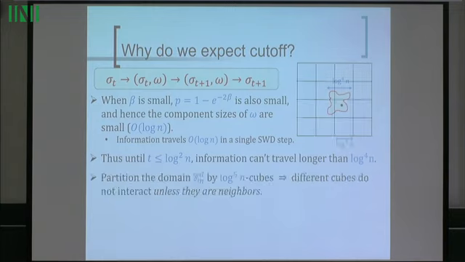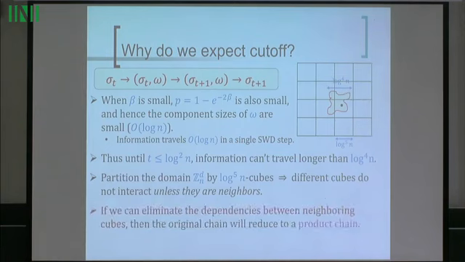So what we're going to do is that we will partition the domain into slightly larger cubes, say log 5th n. Then the information starting from one cube would not reach the other unless these two are neighboring with each other. Okay.